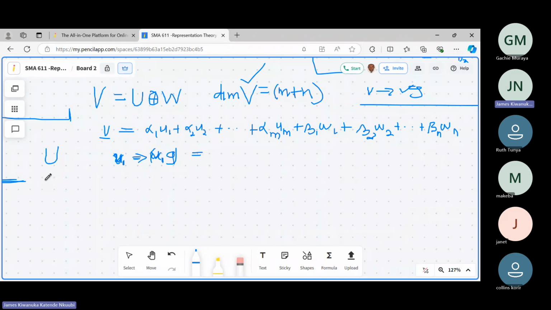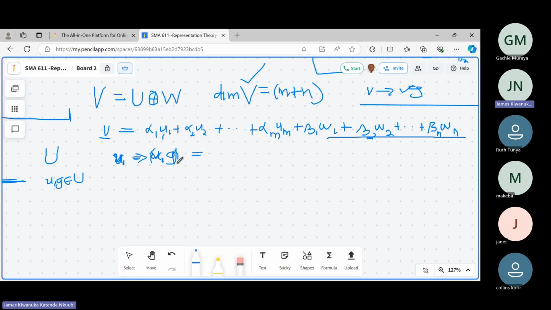So this U1 comes from U. So U1G will also be an element in U, right? So U1G is still an element in U. Since it's wholly in U and the basis for U consists of just these vectors U1 up to UM, you don't need any vectors from W to write out U1 or the image of U1.